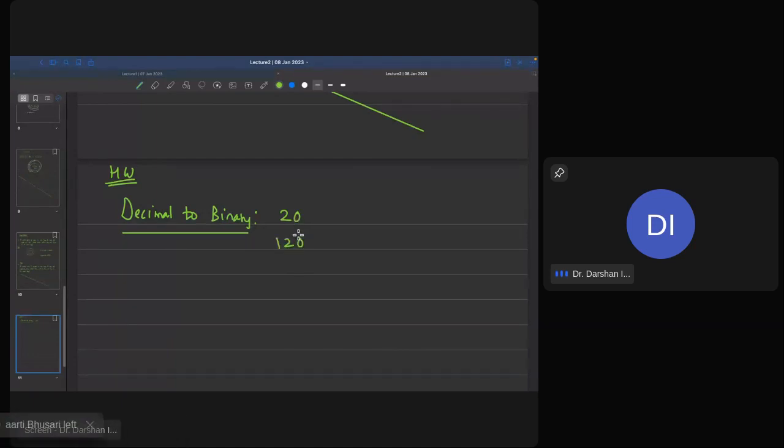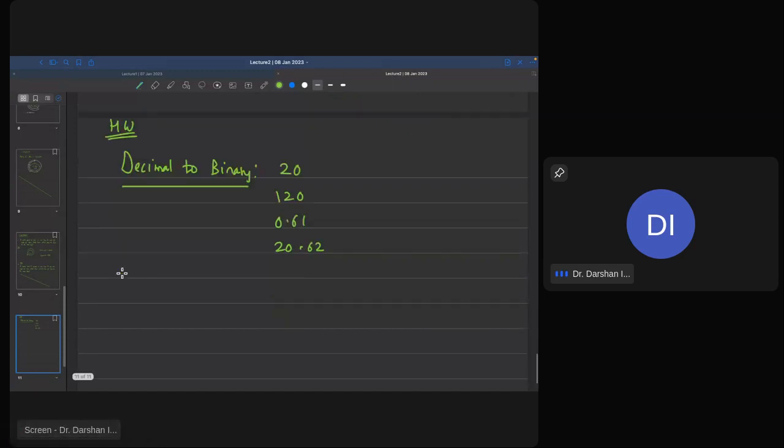Then 0.61. Then 20.62 converted. Then decimal to octal.